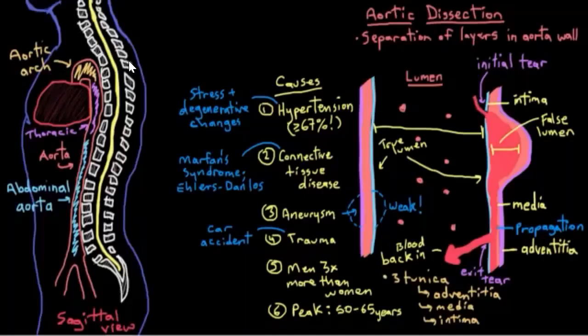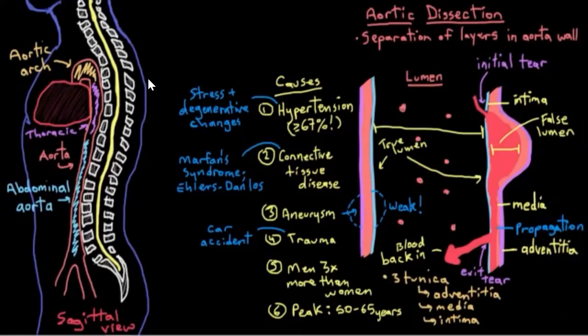Now, where were we? Okay, the aorta. And so what causes it? Hypertension. So lots of stress, and we have degenerative changes. The blood pressure is very high and keeps hitting the aorta, which has the tunica intima, the tunica media and the tunica adventitia.